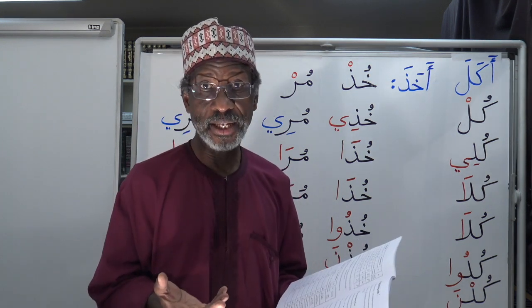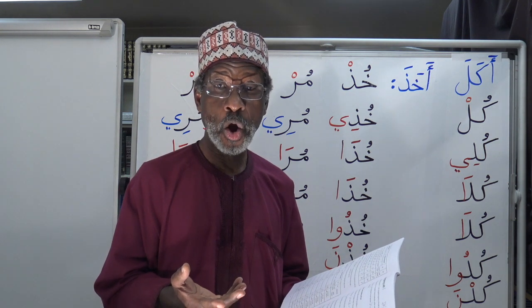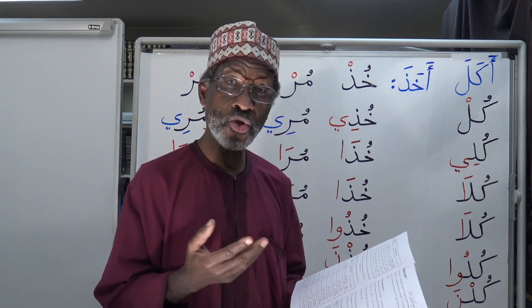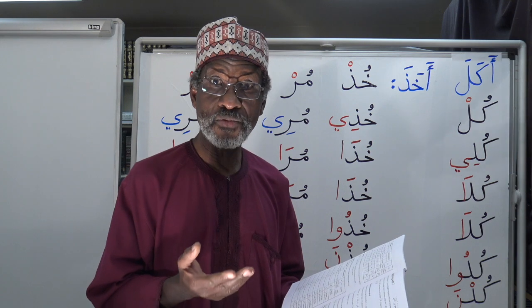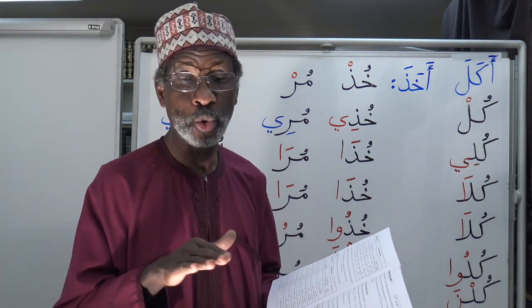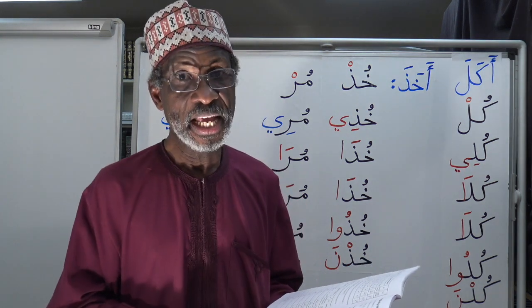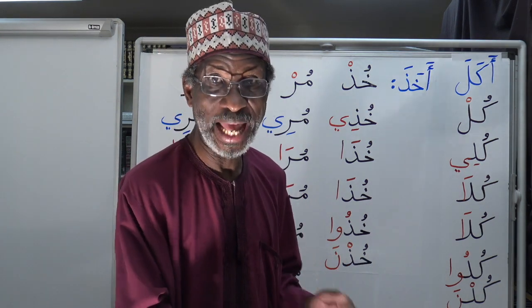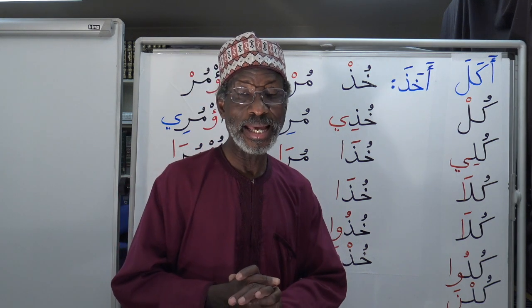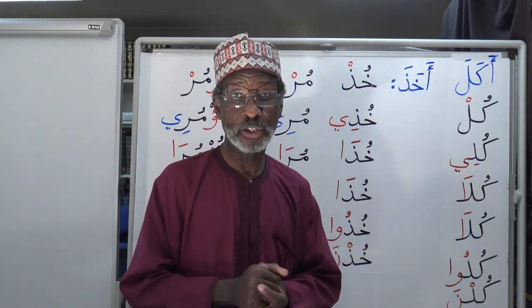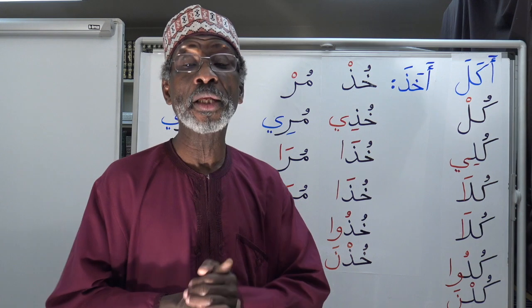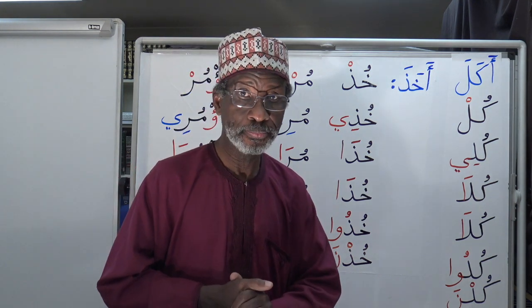Now the good news is we can conjugate them following the usual template in terms of the past tense and the present tense. Let's look at them individually and see where the adjustments are going to be in terms of the imperative.